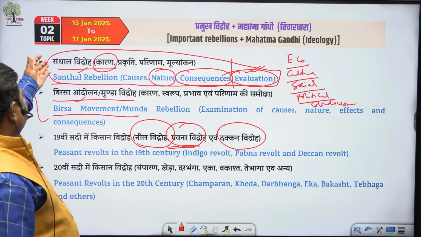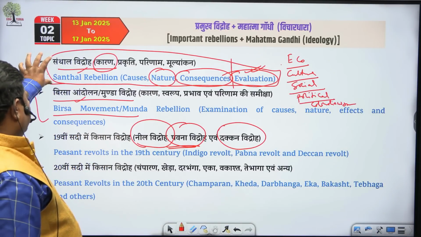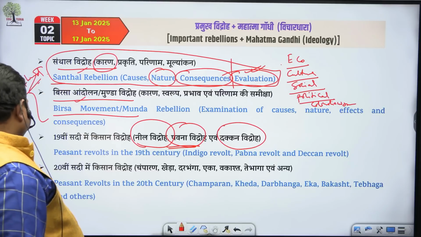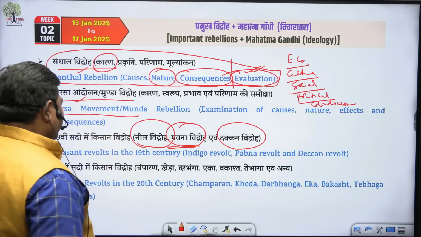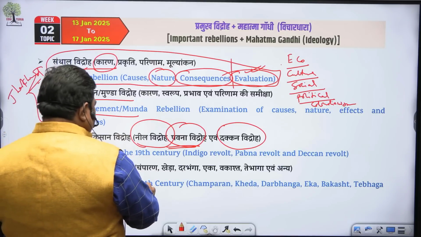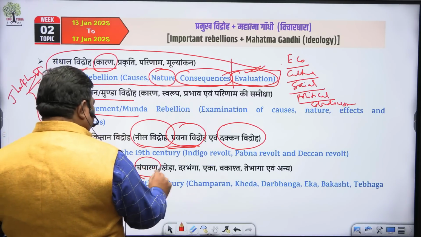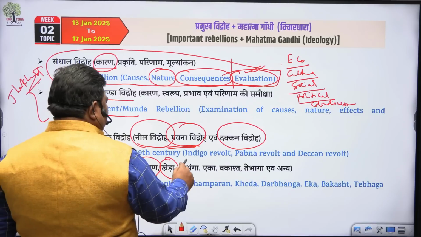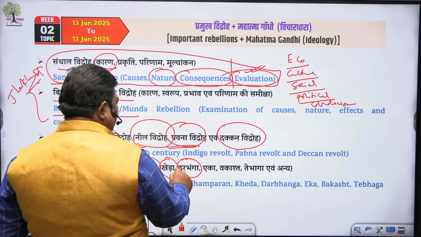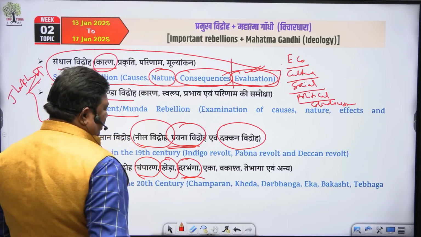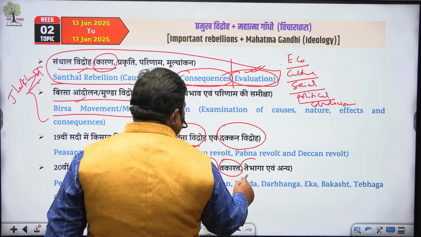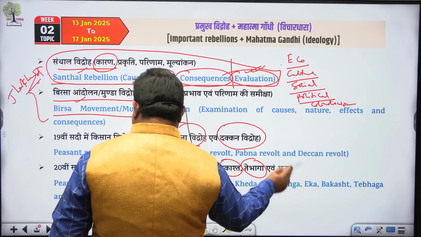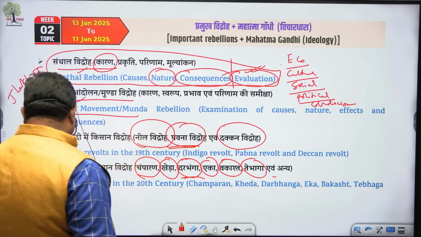Already in the 18th and 19th centuries there were the tribal revolts, and then in the 20th century they mostly ask about Champaran, which is Gandhian. Then Darbhanga, Swami Vidyanand against Darbhanga Maharaj. Then Eka in UP, and Bakasht and Tebhaga in Bengal, and different peasant struggles.